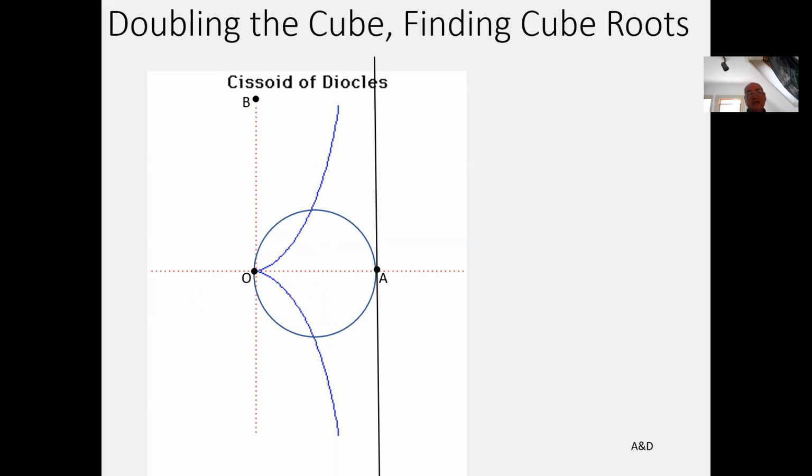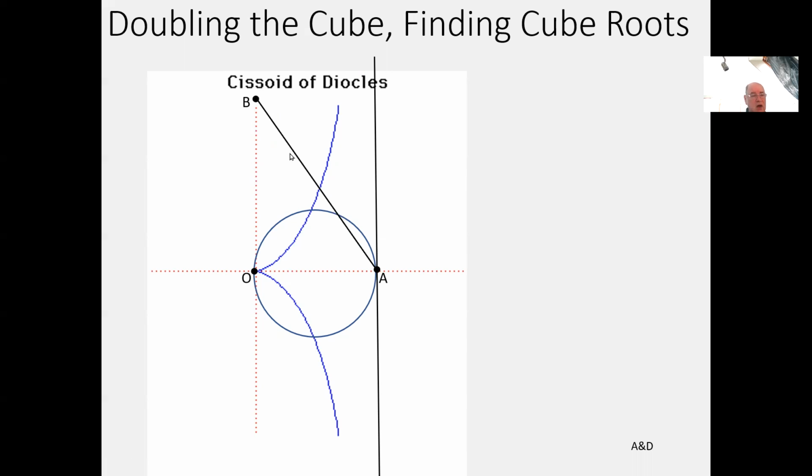The cissoid of Diocles accomplishes this quite remarkably, and let me show you. What he proves is a more general theorem. He says, take any point B on that line, and take the length OB. Remember, to the Greeks, all numbers were lengths. All square numbers were areas. So we have this length OB. Its construction is, once we have B, draw the line from B down to A, the tangent point of the straight line on the circle.